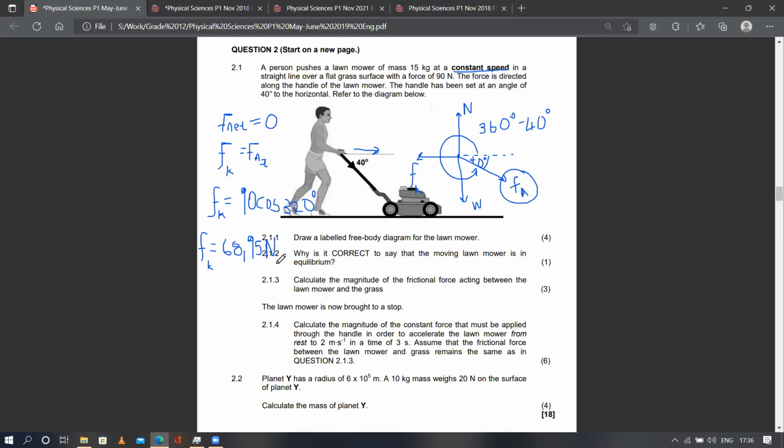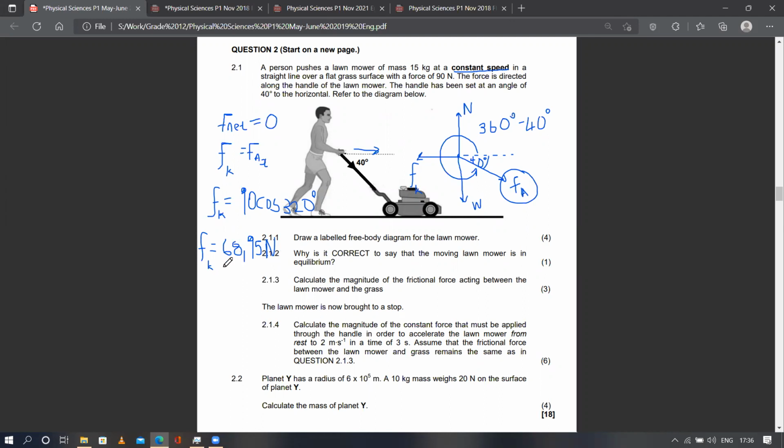So either way, if you want to use 40, you'll still get the same answer. If you want to use 320, you'll still get the same answer.